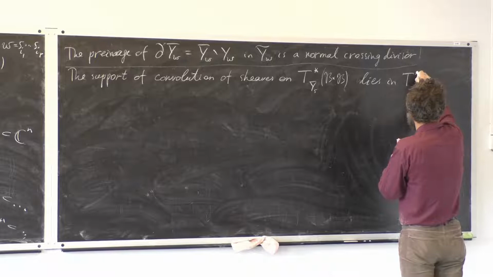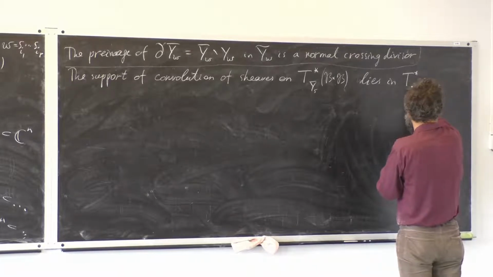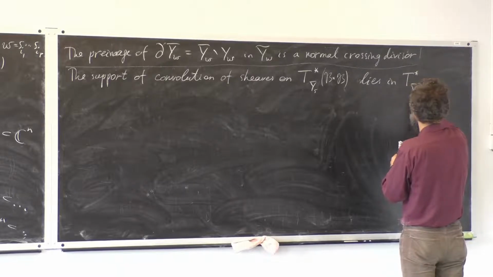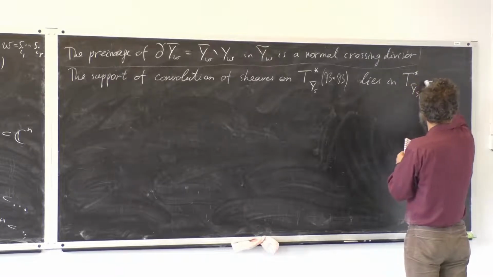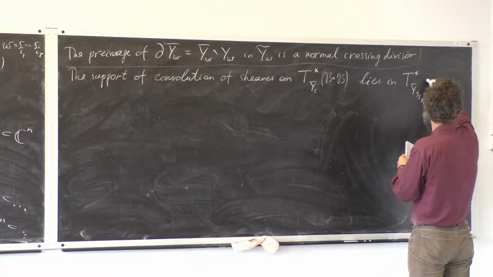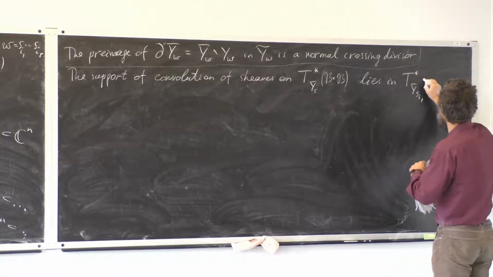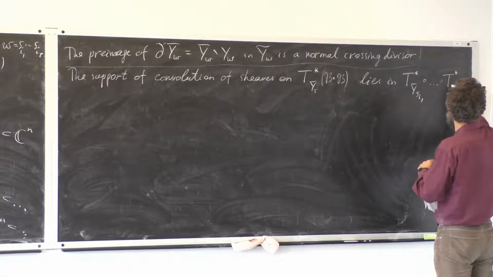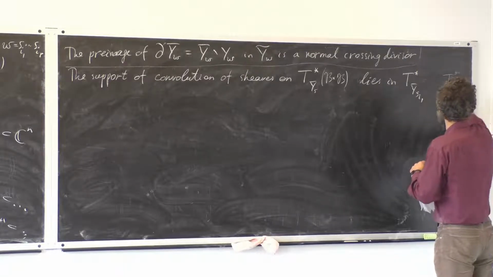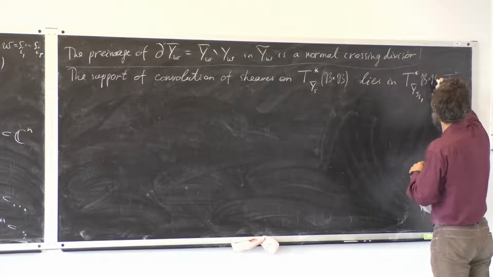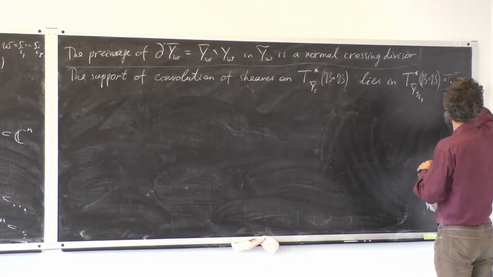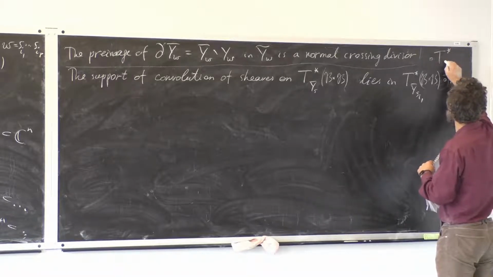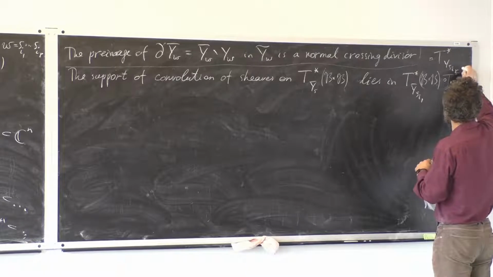So we'll take the conormal bundle of this as I1, and then, well, let me use this notation. SIR.